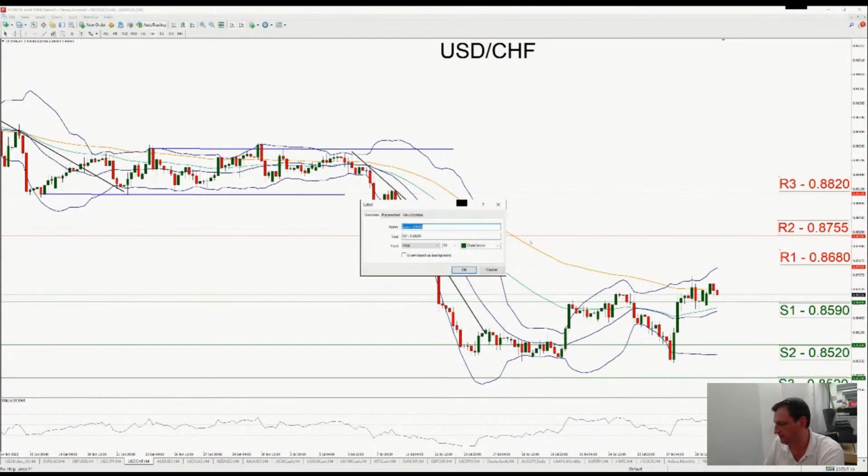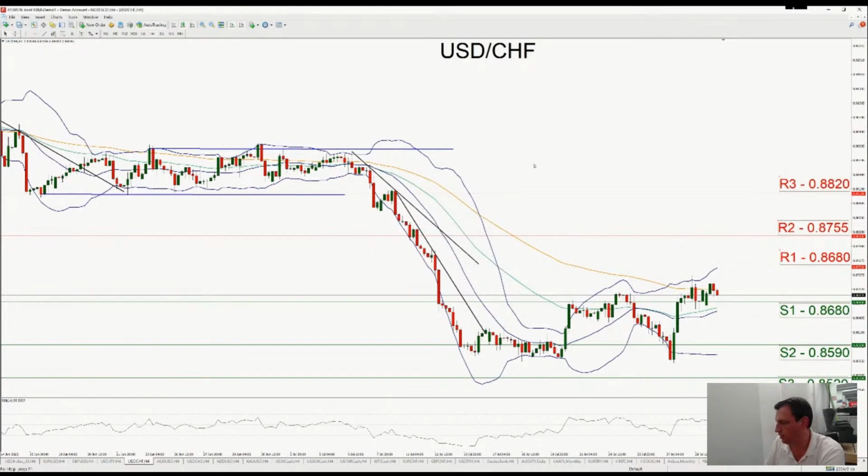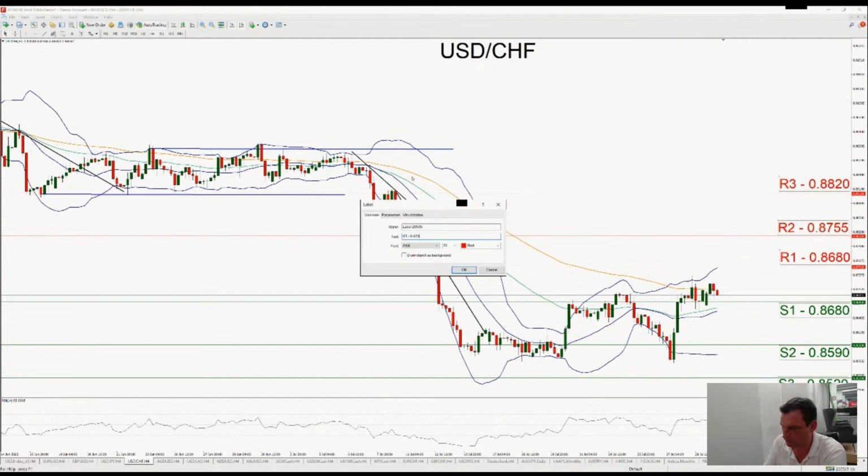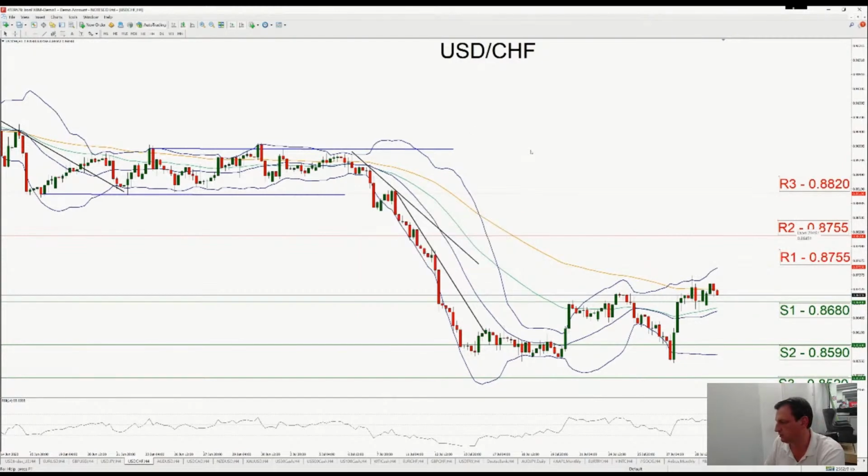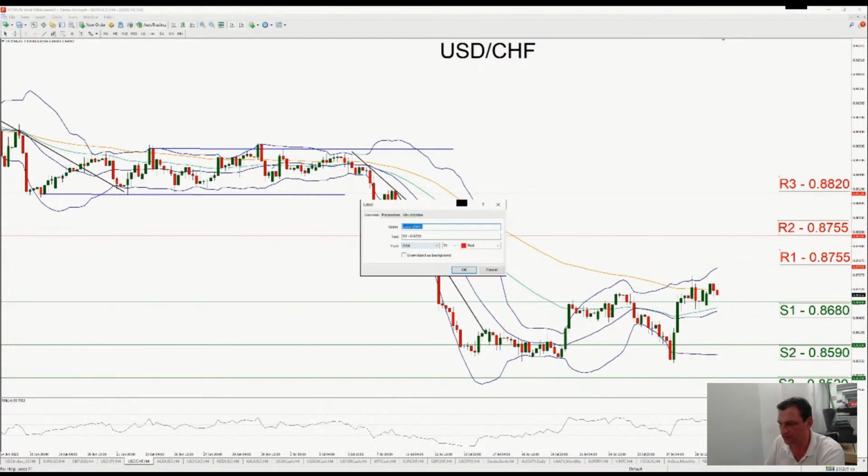The S2 at 0.8590. The S1 at 0.8680. The R1 at 0.8755. The R2 at 0.8820.